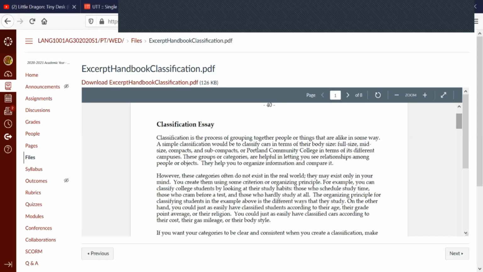So the explanation here, just to remember that you're putting a specific thing in a larger category, right? So they tell you, for example, classify cars in terms of body size: full size, mid size, compacts, subcompacts, and so on.